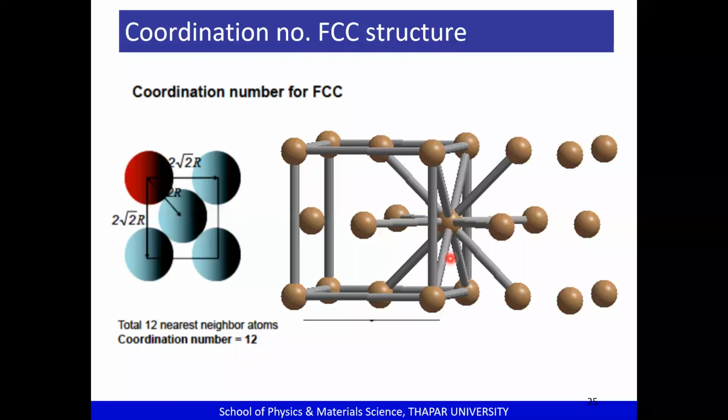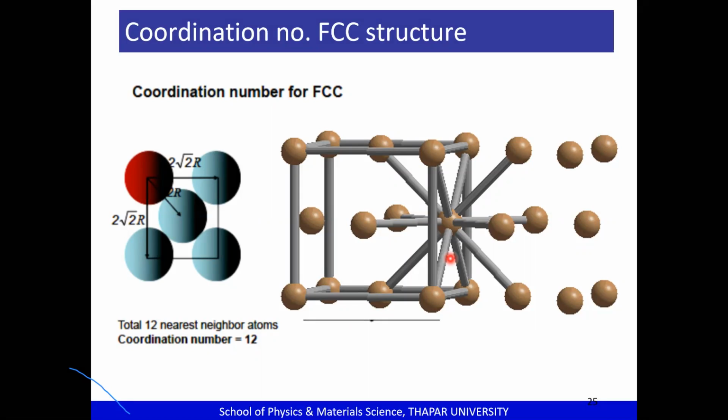It is 2 under root 2 r by 2, because your total distance was under root 2 a, which is the total diagonal length. You have to divide it by 2. That makes the closest possible distance in an FCC unit cell.